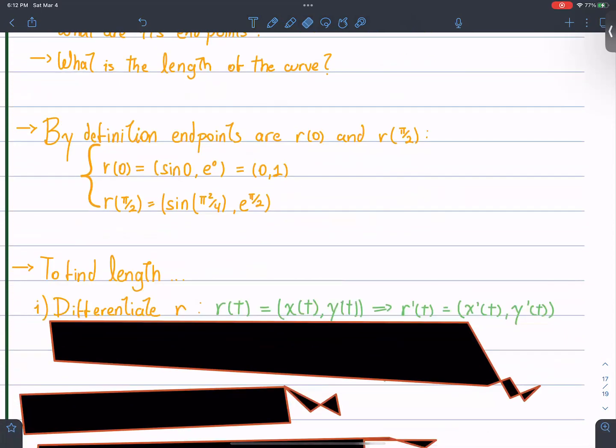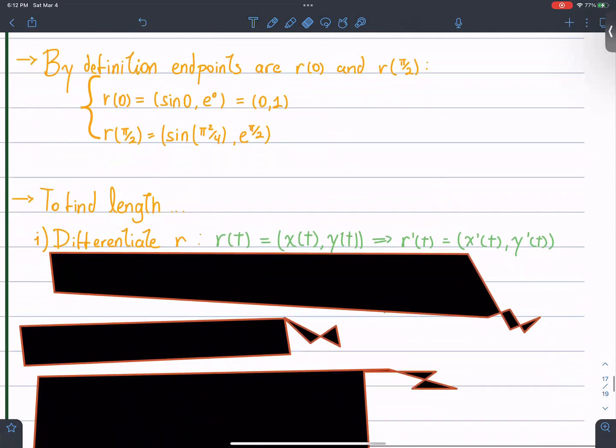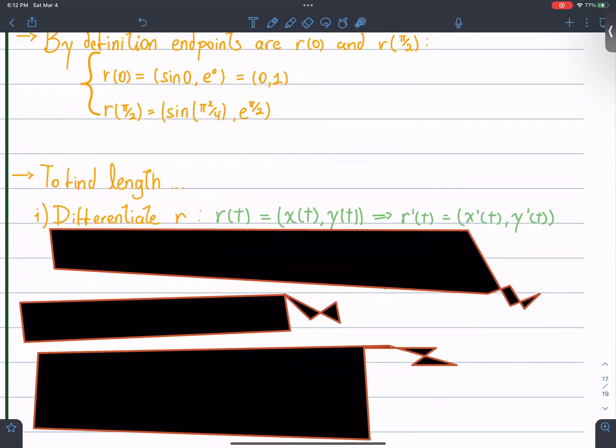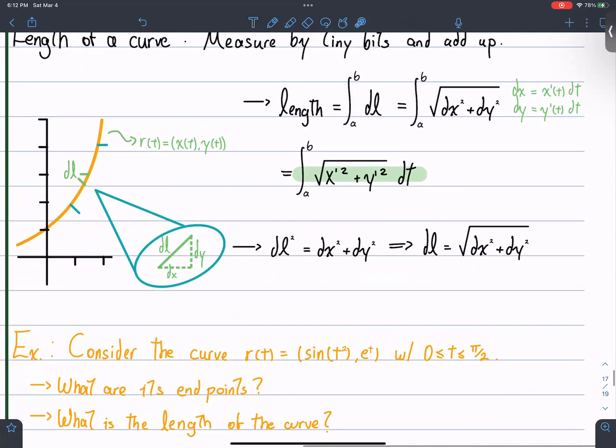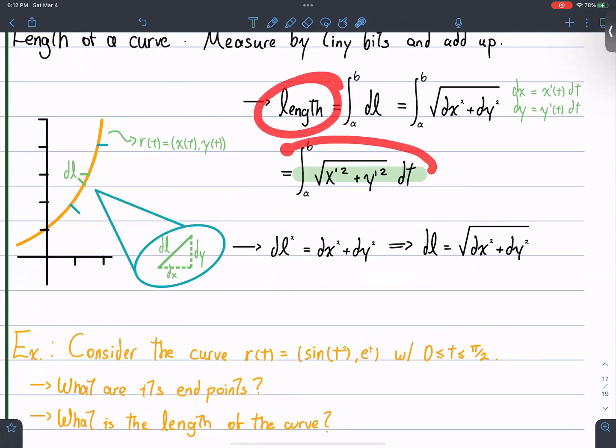What we will do is that we will differentiate our curve. Differentiating the curve means that if we have r of t equals x and y, we can differentiate r, and what it means is that we differentiate both entries of our curve. And these entries are precisely what we are looking for in the expression for the length of our curve.